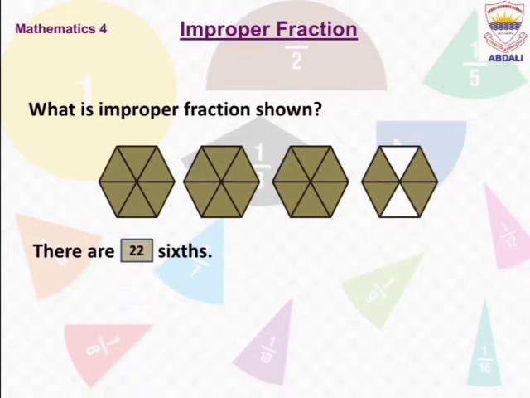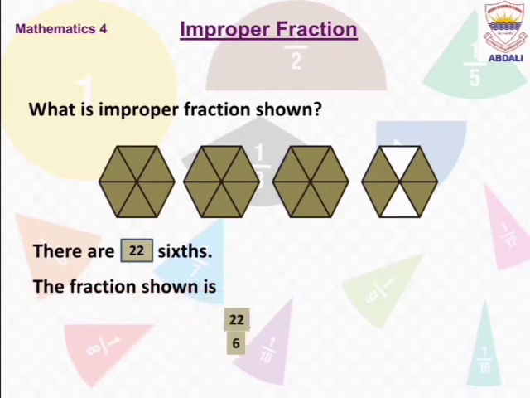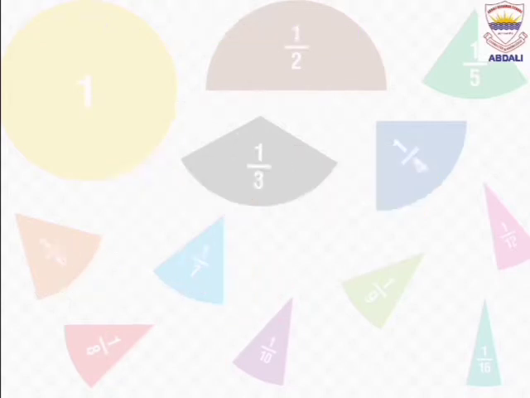There are 22 sixths. There are 22 colored parts of the pentagons. Now show this as a fraction. The fraction is 22 by 6. 22 is the number of colored parts, and we write it in the numerator place, and 6 is the total number of portions in each pentagon, and we write it in the denominator place.